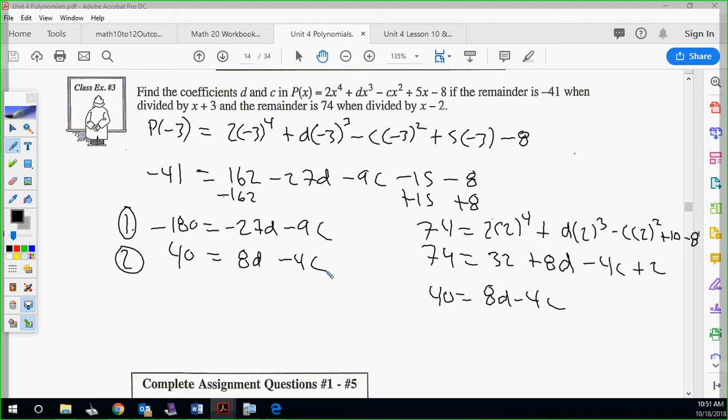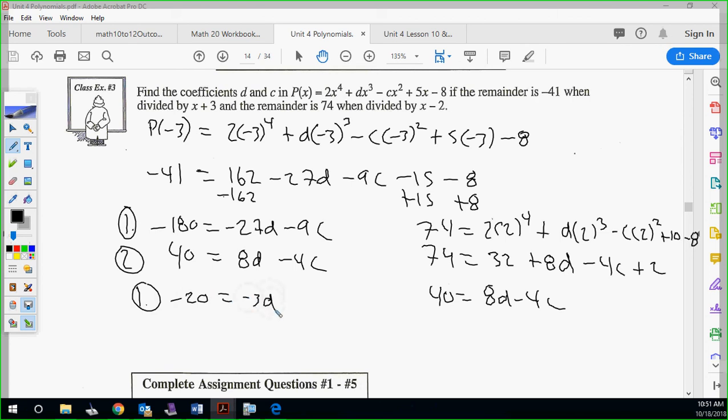A couple things that they do here, now this is kind of up to you, but notice that all these have a 9 in common, and all these have a 4 in common. So that actually kind of helps us, because if I divide this whole equation 1 by 9, so equation 1 now is going to be negative 20. I really like that, because negative 180 I don't want to deal with. Okay, negative 27 becomes negative 3.